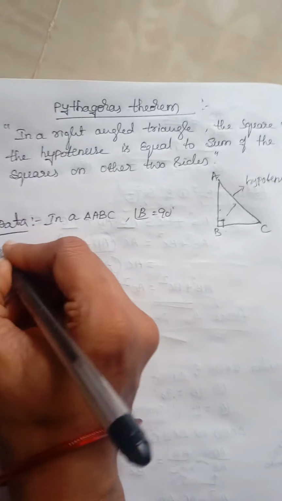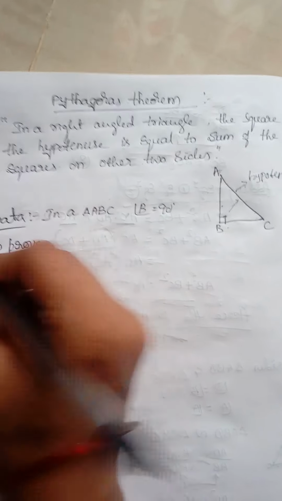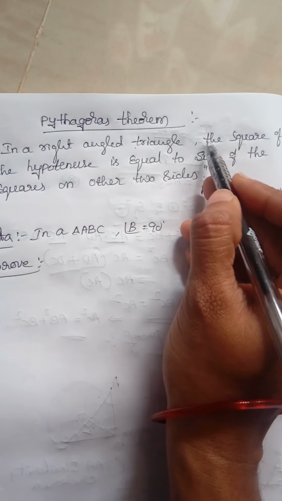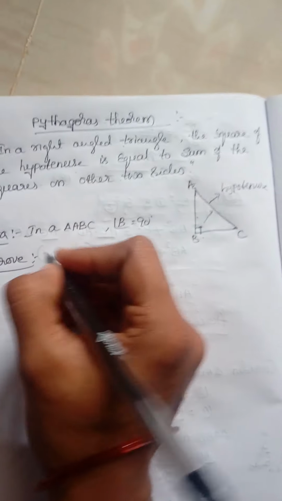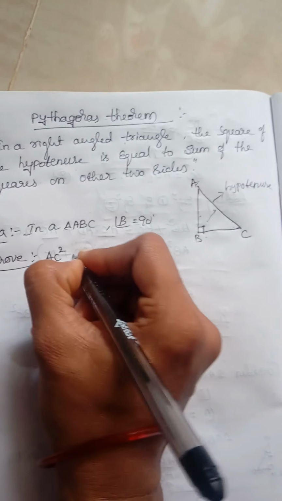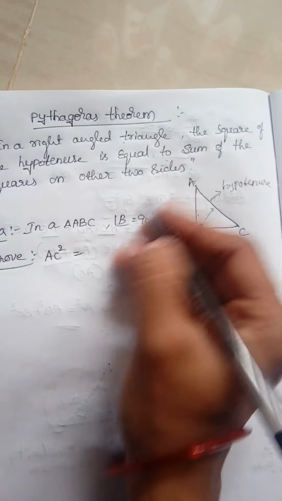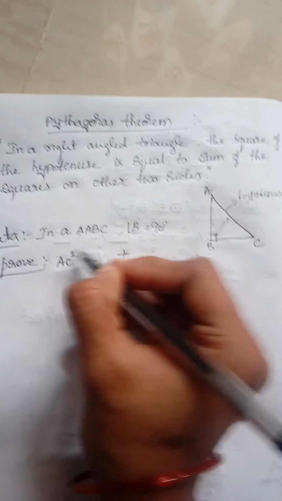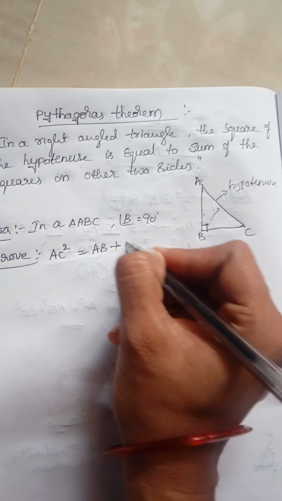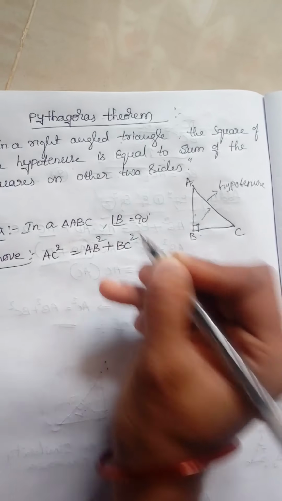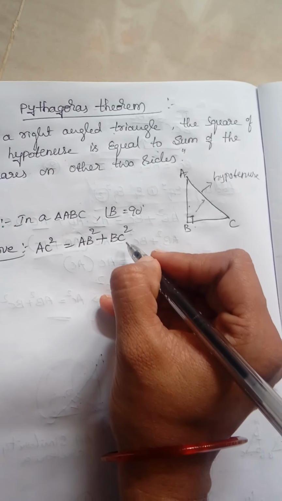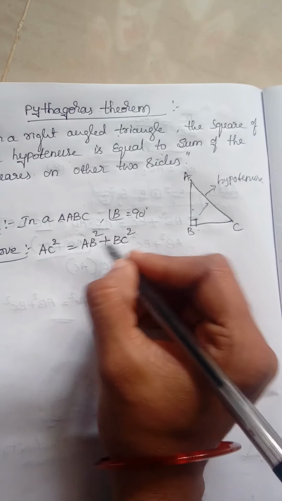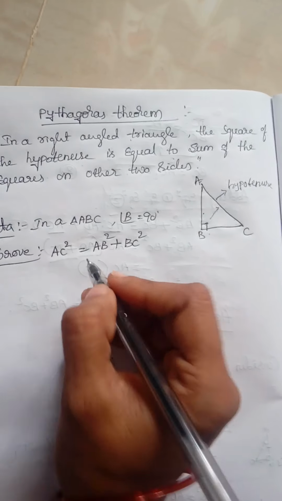We have to prove that in a right angle triangle, the square of the hypotenuse, that is AC square, is equal to the sum of the squares on the other two sides. The other two sides are AB and BC. Squares means AB square plus BC square. This is what is to be proved.